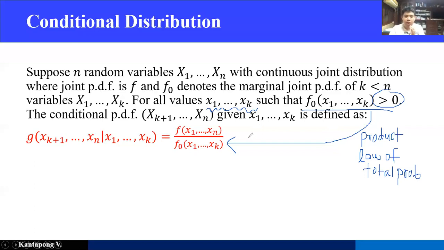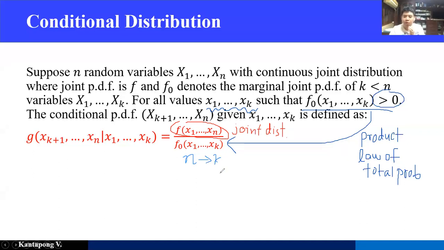The conditional PDF of this one given x1 up to xk is the above one. The above one is the joint distribution, and we divide by what? We divide by the condition that we impose on. The condition that we impose on is the marginal, that is, we flatten out from n variables to how many variables?